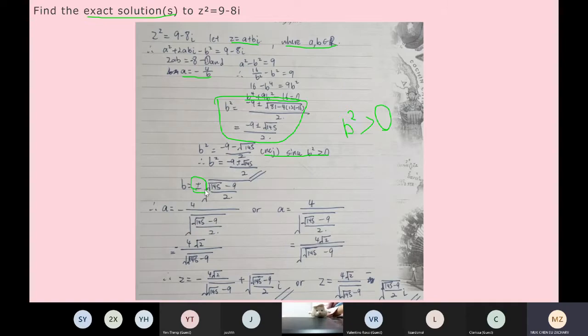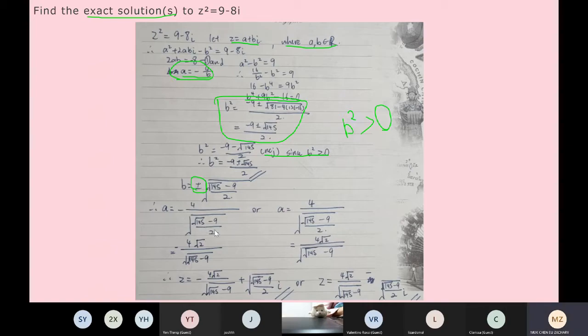So you sub in the negative value of b or the positive value of b back into this. Okay, and then from there you manipulate it. Whenever I'm facing this kind of weird chunky numbers, I like to make them look as neat as possible.